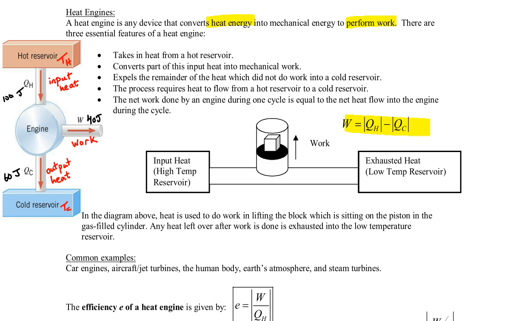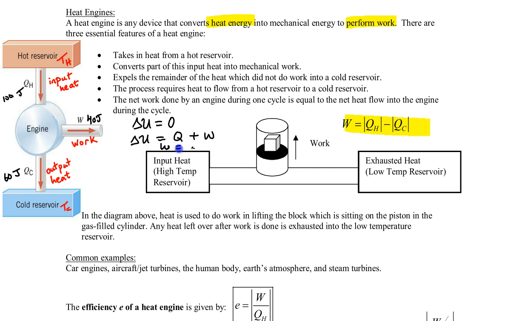The simplest kind of engine that we're going to analyze is one that goes through a cyclic process, a sequence of processes that eventually leaves the substance in the same state where it initially started. If you remember our cyclic process, the change in internal energy is zero, and the first law of thermodynamics stated that the change in internal energy is equal to the heat flow plus the work done.